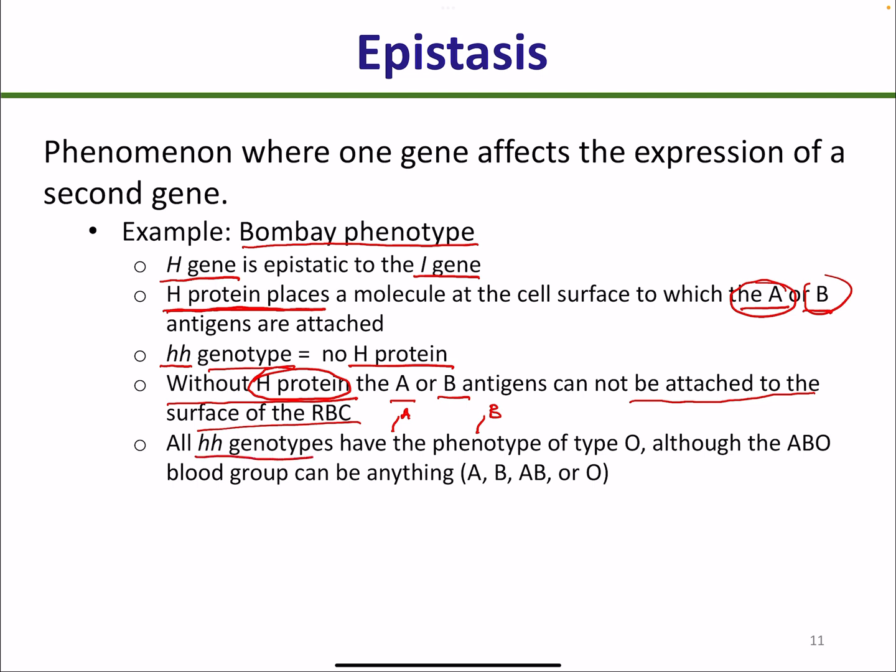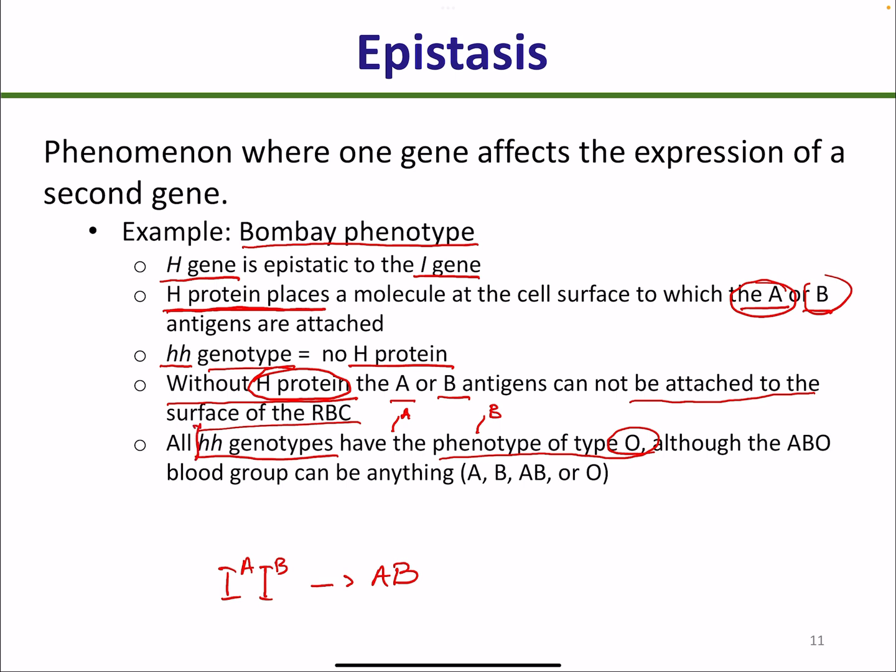So all lowercase h homozygous individuals have the phenotype of blood type O, even though they may have capital IB, capital IB, or capital IA, or even capital IB and capital IA. An individual with capital IA and capital IB should be AB.